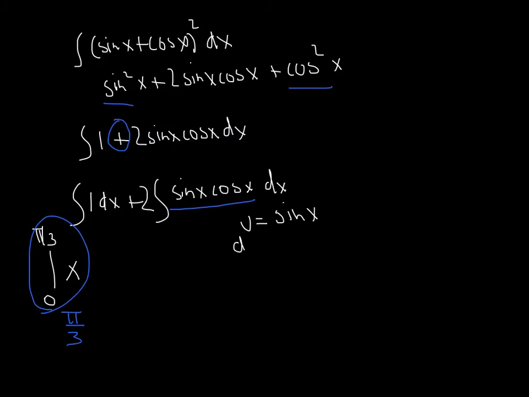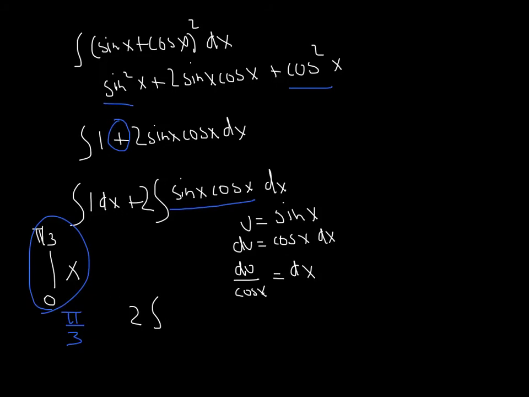And so now when we take the derivative, we get du is equal to cosine of x dx. And so du over cosine of x equals dx. And now we can go ahead and plug that in. So we have 2 times the integral of u, actually.